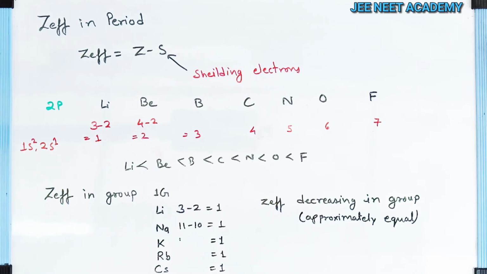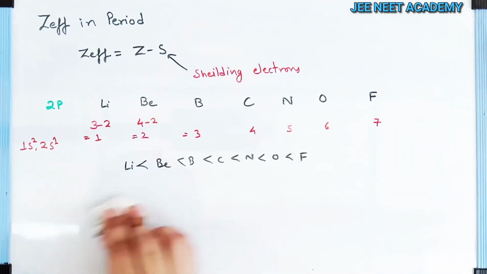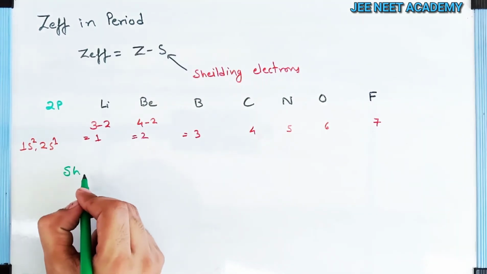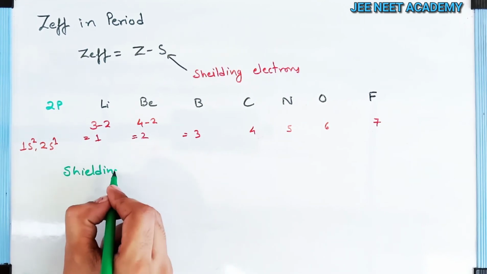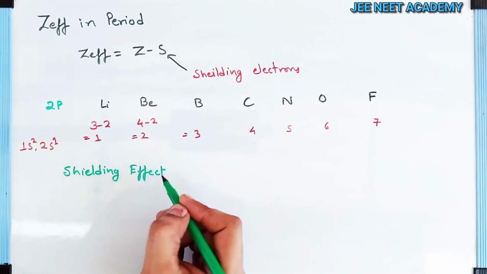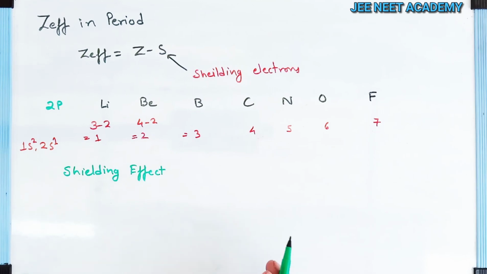What is the shielding effect? We know that the electrons which are not in the outermost shell repel the electrons which are in the outermost shell.